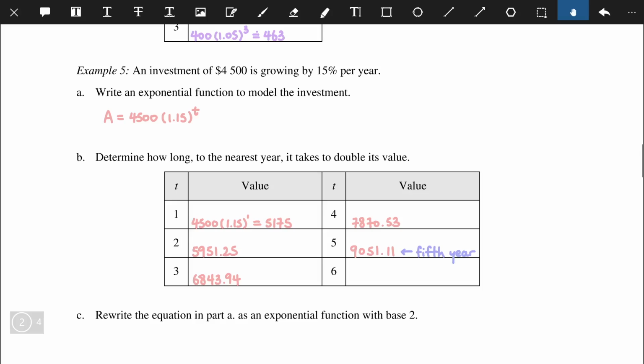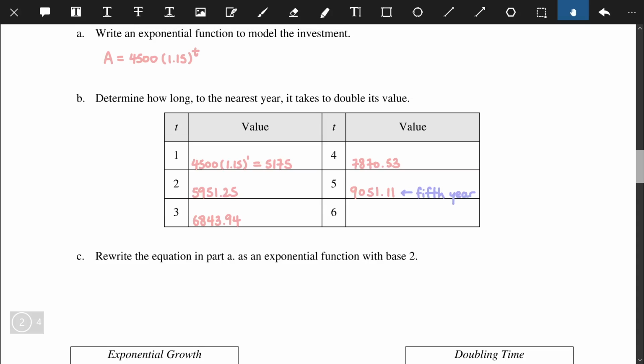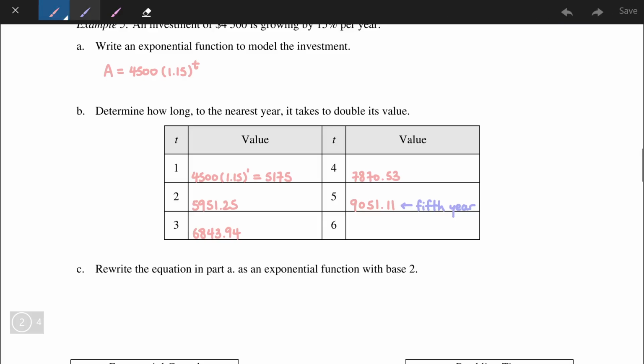Okay, so we are going to rewrite the equation from part A as an exponential function of base 2. So we have, once again, A is equal to the initial value of $4,500.